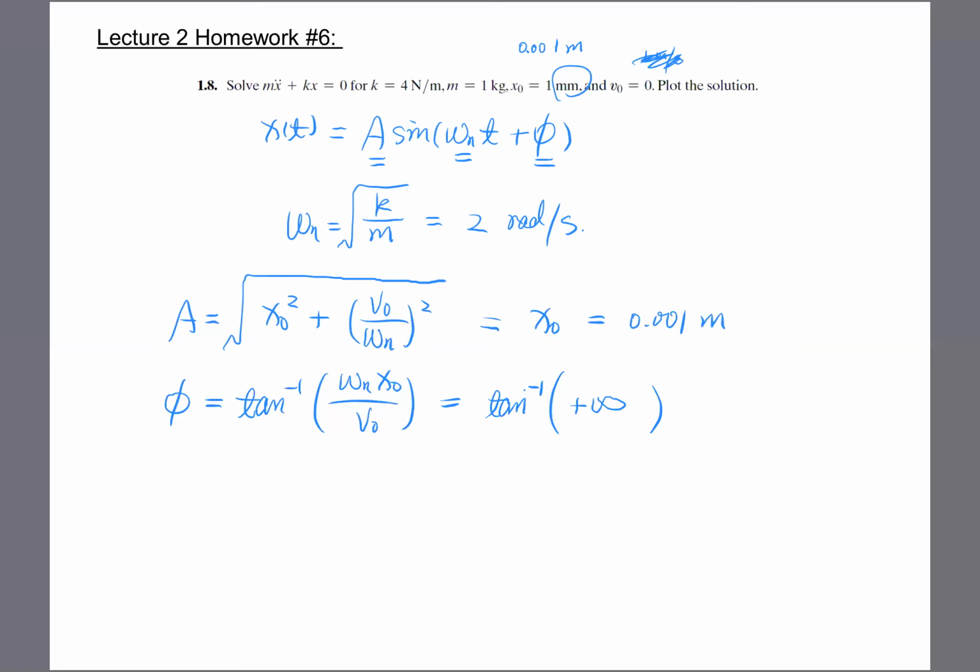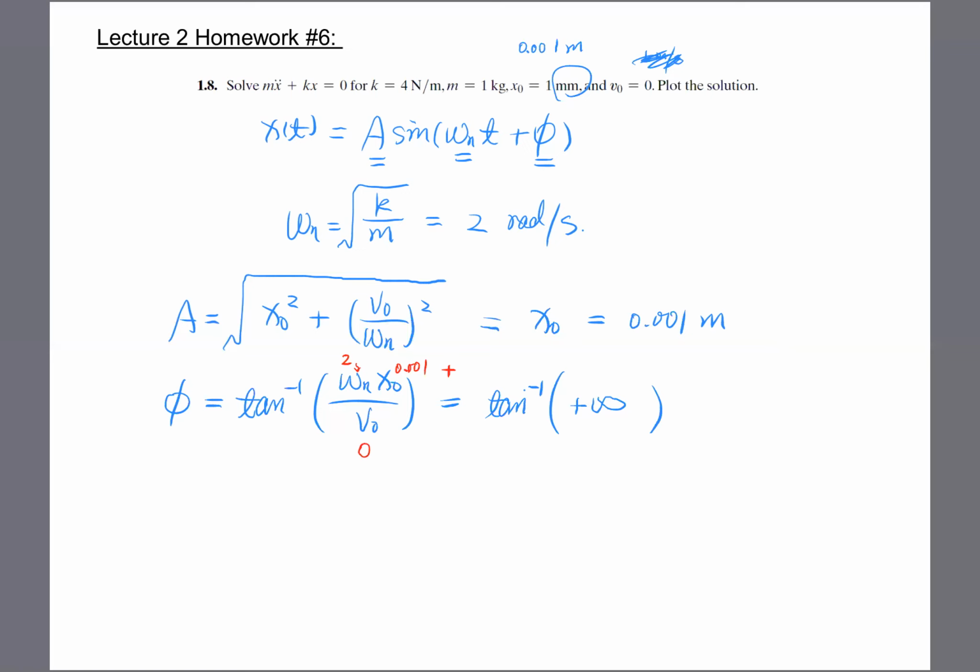The reason is that omega n, we already know, is 2, and X naught is 0.001, so the numerator is a positive value. In the denominator, you have 0. A positive value divided by 0 gives you positive infinity.